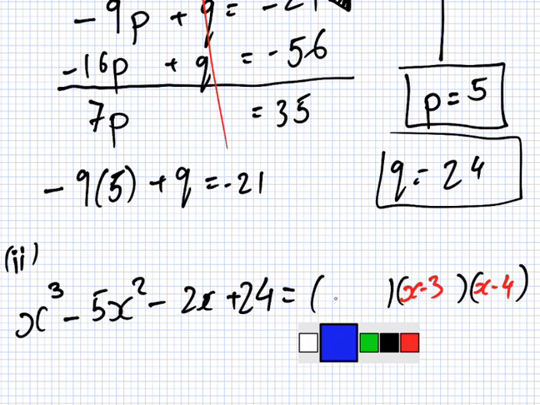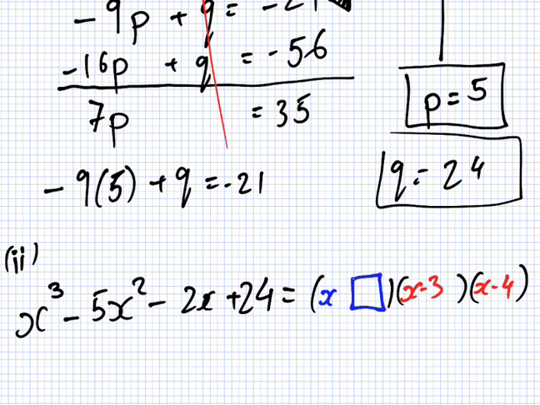So if you think about it, you're trying to find this missing number here. But you've got to remember that if you multiply these three brackets out, this 24 you get when you multiply this number with this number with this number. Minus 3 by minus 4 is 12. That means there must have been a 2 here.